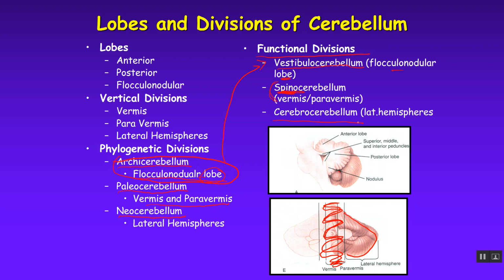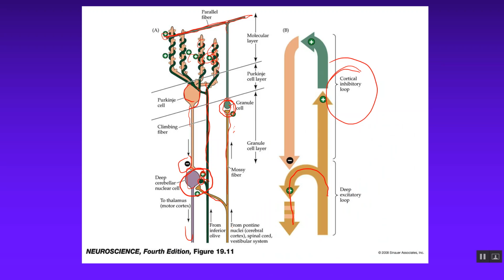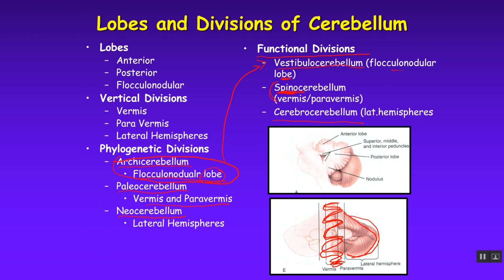Then we have the cerebrocerebellum. Cerebrocerebellum is the lateral hemispheres. It has to do more with coordination of your distal limbs, okay, distal limb movements. And that's what we've been talking about so far when we've talked about this going up to the thalamus and motor cortex. The cerebrocerebellum is the one that mostly goes back up to the motor cortex because that's where you have more of your voluntary distal limb control.